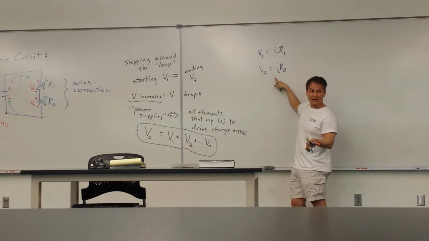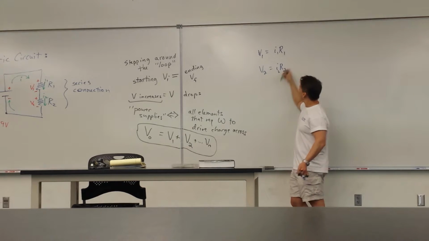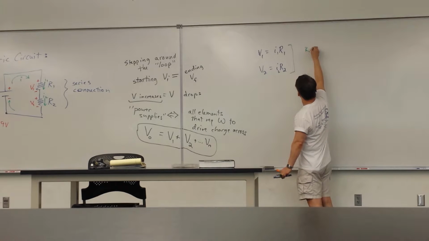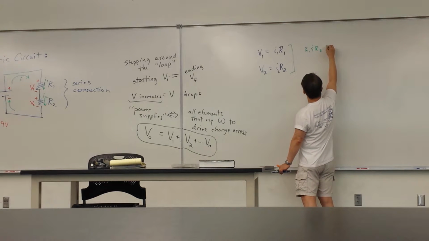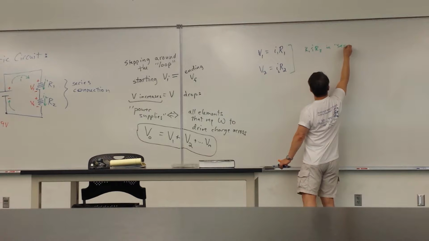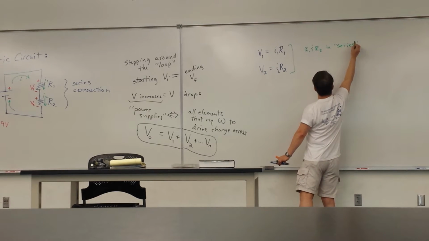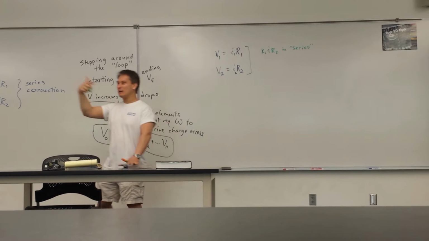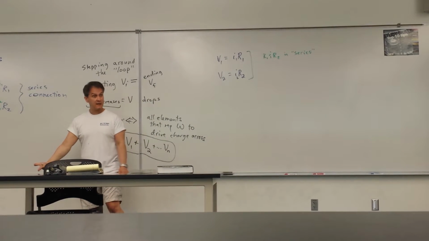Or if you will, the amount of current that flows across it is dependent on the potential difference. Now the nice thing is, since they're in series, the current that flows out of one or through one will be the same current as flows through the second one.